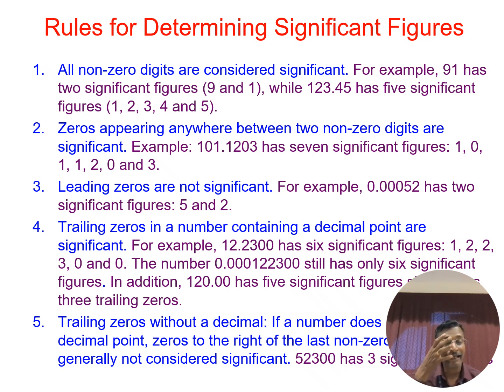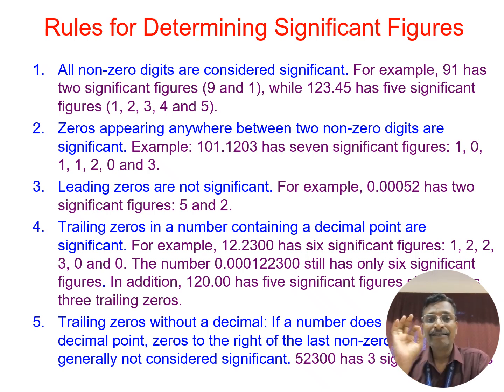Say for example 12.2300. In this data, the decimal is there. That is very, very important. If the number for which we are going to find the significant figures contains a decimal point, then the zero is significant.